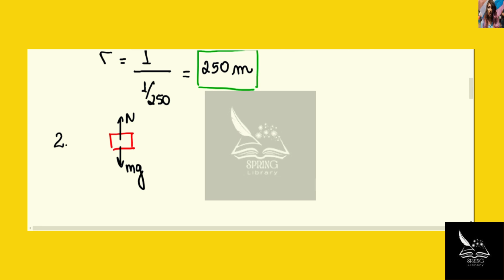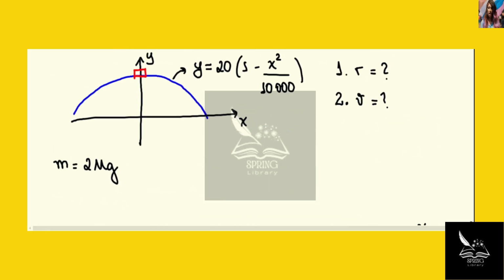Assuming that the car has constant speed and is undergoing circular motion at the crest, so at this point here, we can consider the motion to be circular with a radius of 250 meters. So this means that mg minus n is equal to, according to Newton's second law, the mass times the acceleration. So that's m times v squared over r.